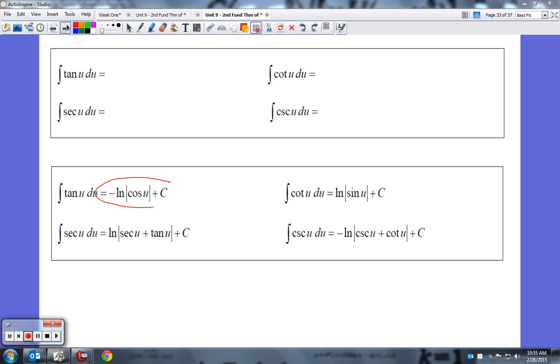This right here could also be written as the natural log of the absolute value of secant of u plus c. So one or the other. The one I would prefer on the test is probably that one. But again, if you do the other one and it's correct, you'll get just as much credit.